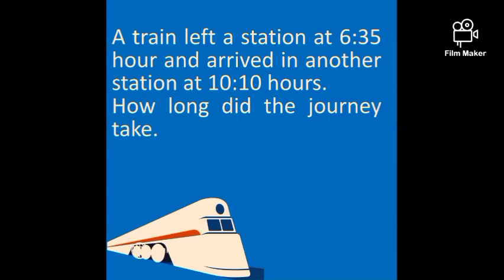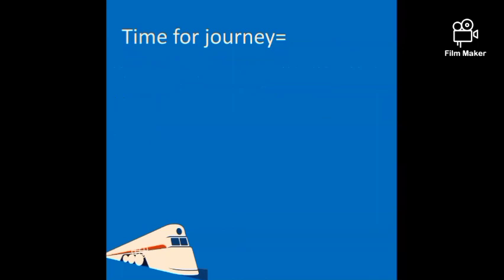A train left a station at 6:35 hours and arrived at another station at 10:10 hours. This is using the 24 hours time, or 24-hour clock. How long did the journey take? Time for the journey will be what? 10:10 hours minus 6:35 hours, right?